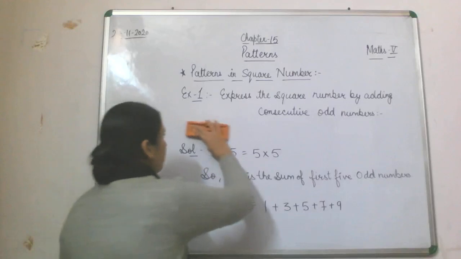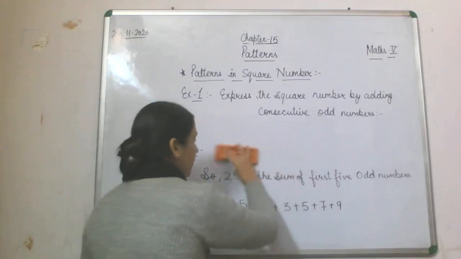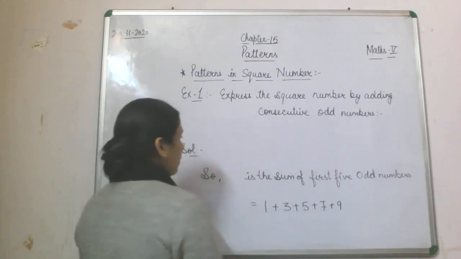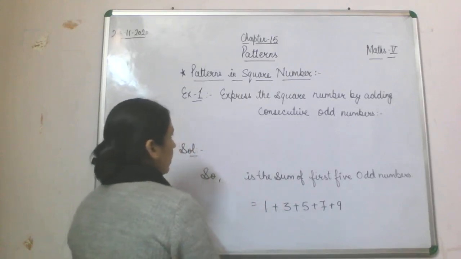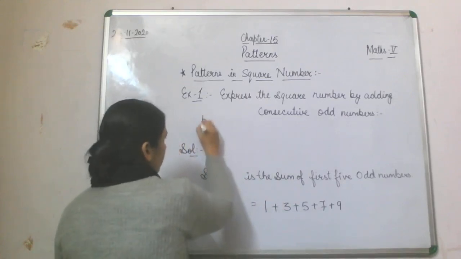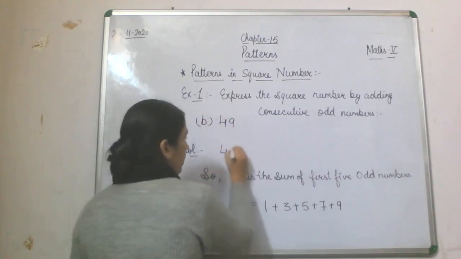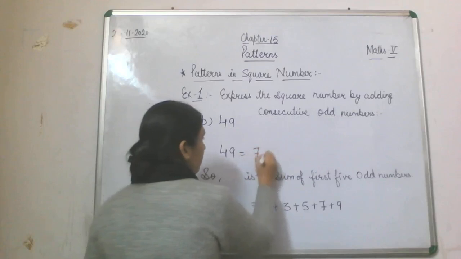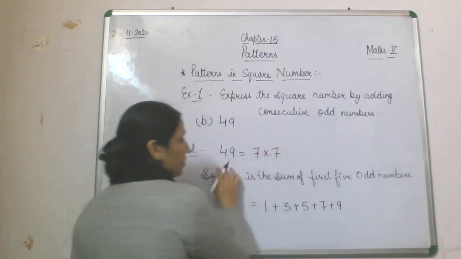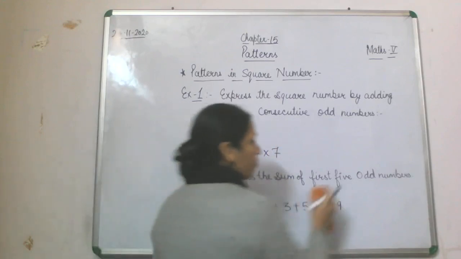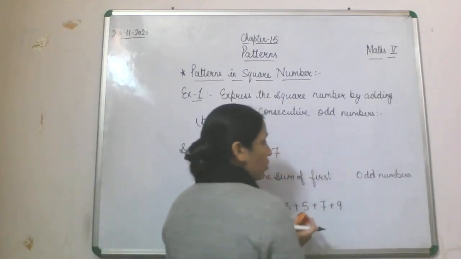So we will do B part. B part is 49. So it means 49 is 7 multiplied by 7, 7 sevens are 49. So 49 is the sum of the first 7 odd numbers.